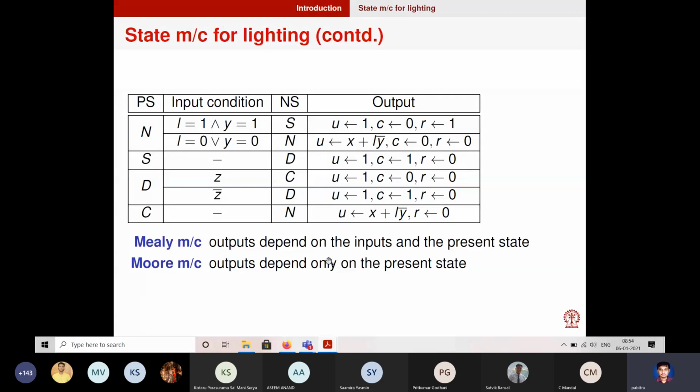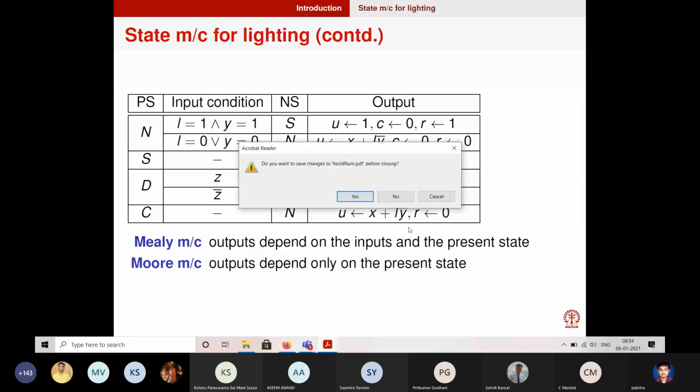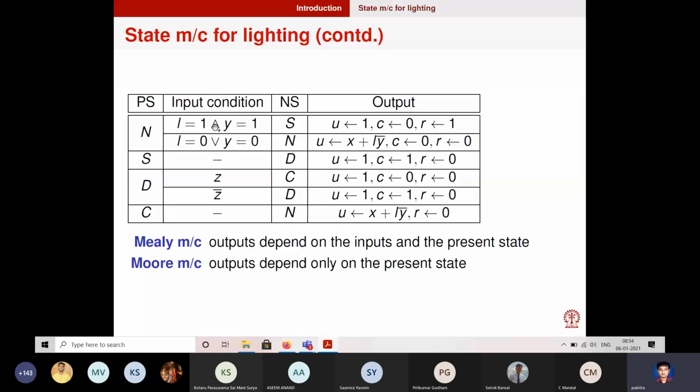If your output U depends on the state and the input, we call it a Mealy machine.